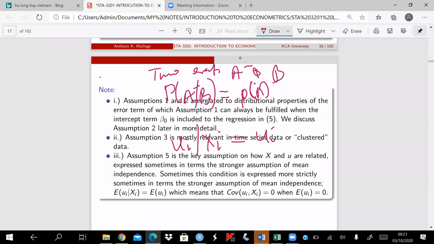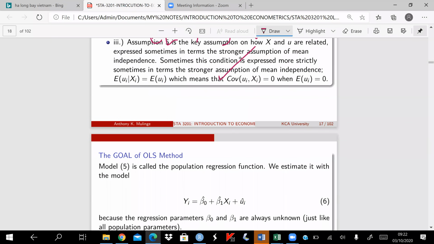That means ui is not in any way dependent on X. So the value of the error given the values of X is just equal to the value of the error. Then once you introduce the expected value, which is the mean value, you also get the same. So the mean value of the error term given X is the same as just the mean value when you ignore X. So that's the other way of defining assumption number 5 in stronger terms.